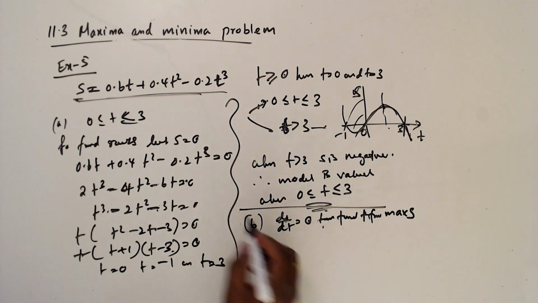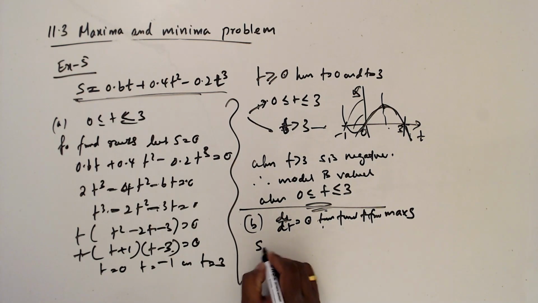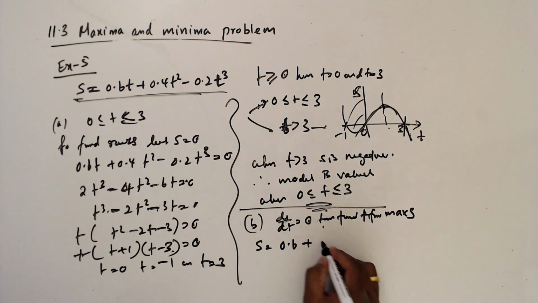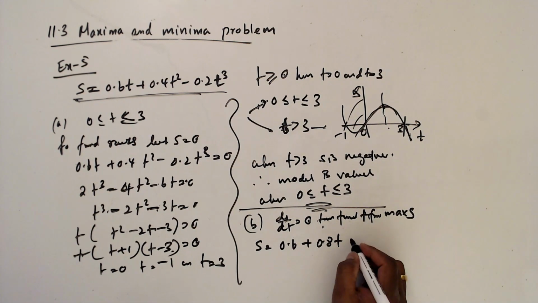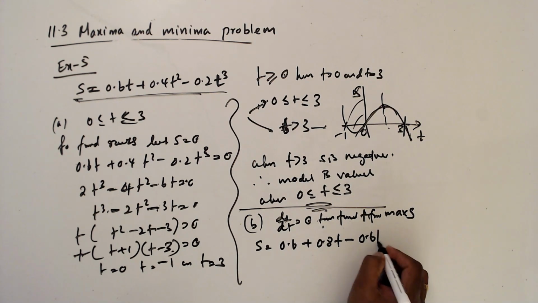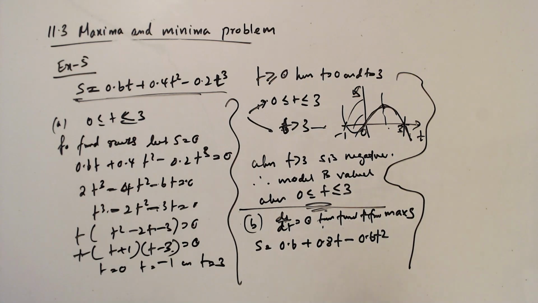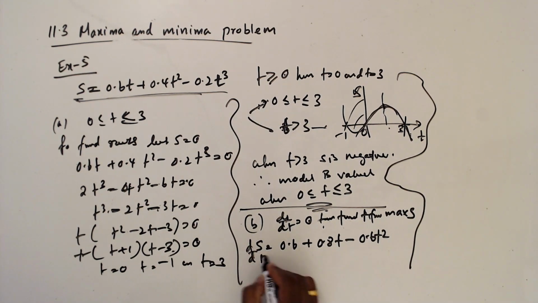So we'll differentiate this now. S equals 0.6t plus 0.4t squared minus 0.2t cubed, so ds over dt equals 0.6 plus 0.8t minus 0.6t squared, and we have to make it equal to 0.